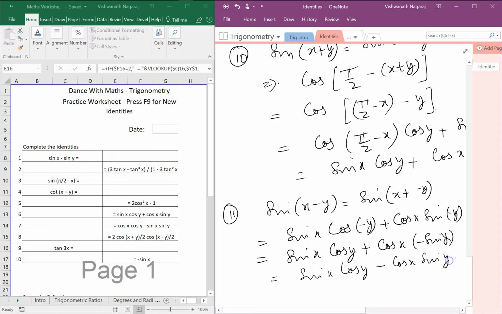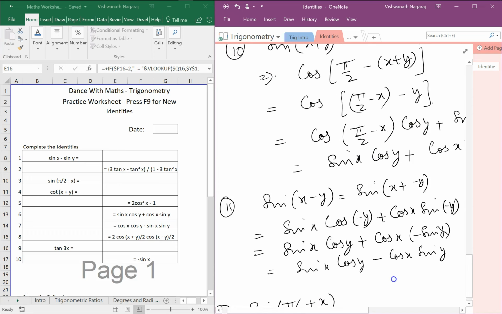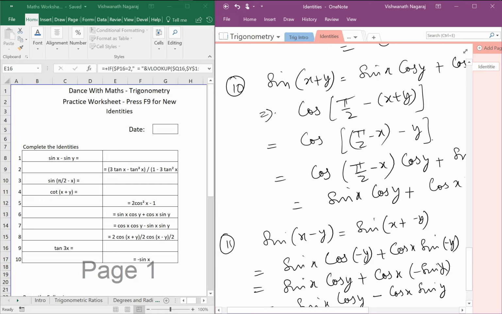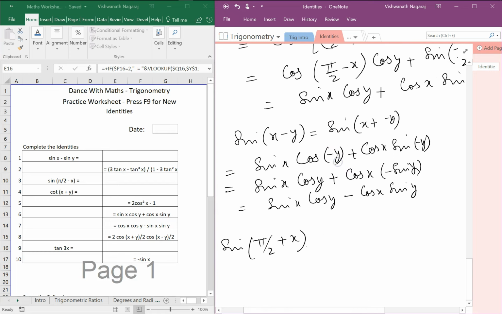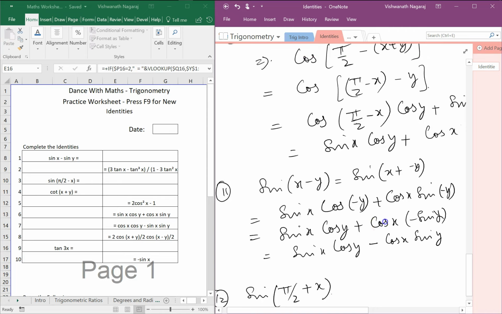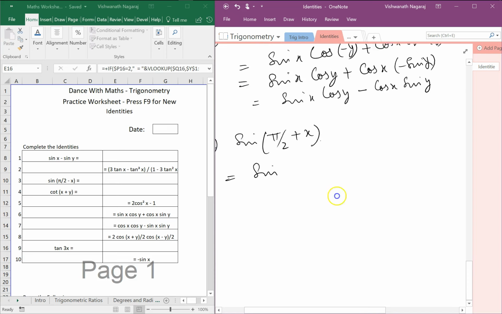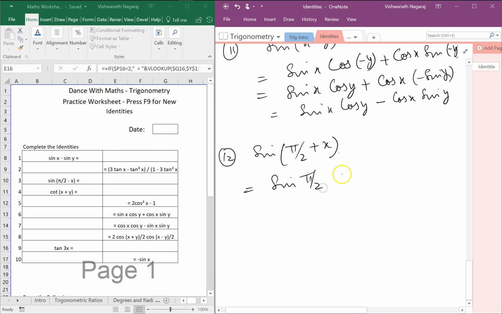Let's see this. We did sin pi by 2 minus x. Let's do sin pi by 2 plus x. Yes, what is that equal to? We already have an identity for sin x plus y, so let's use that. So sin x plus y is sin x cos y plus cos x sin y.